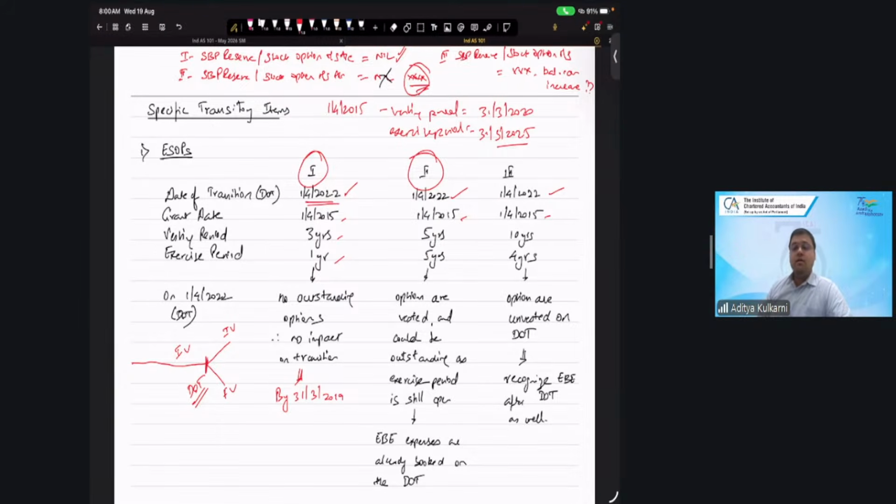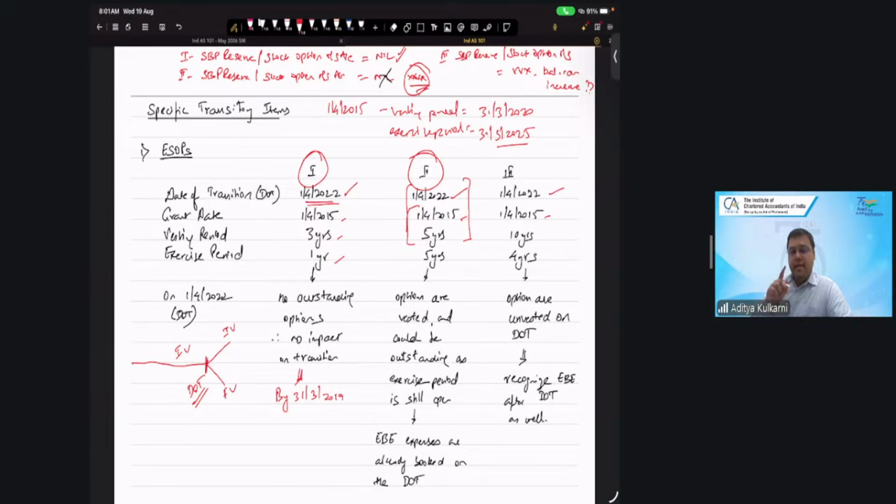Yes or no? Yes. Why do you say so? Which period is over? Look at this. Can I say that the vesting period is over? Yes. Vesting period is over means employee benefit expense is entirely booked.